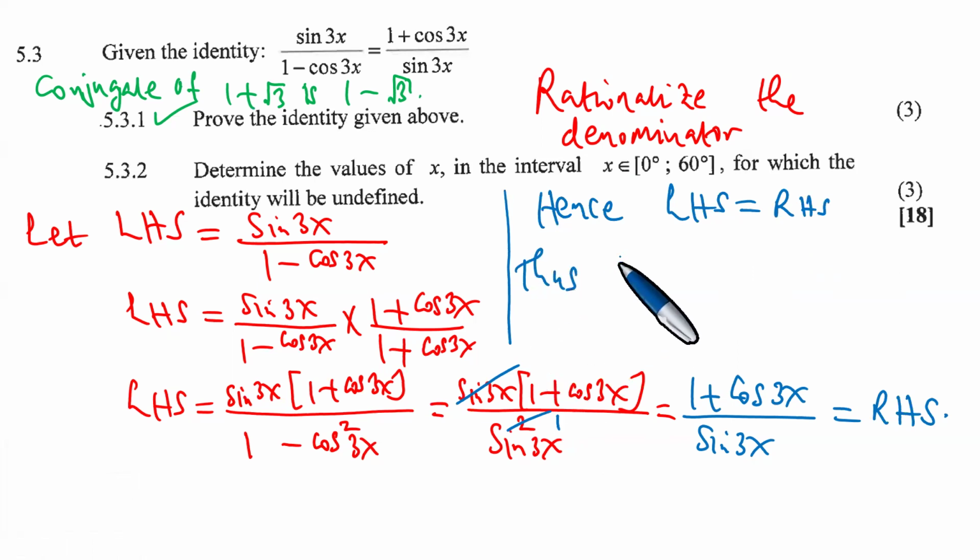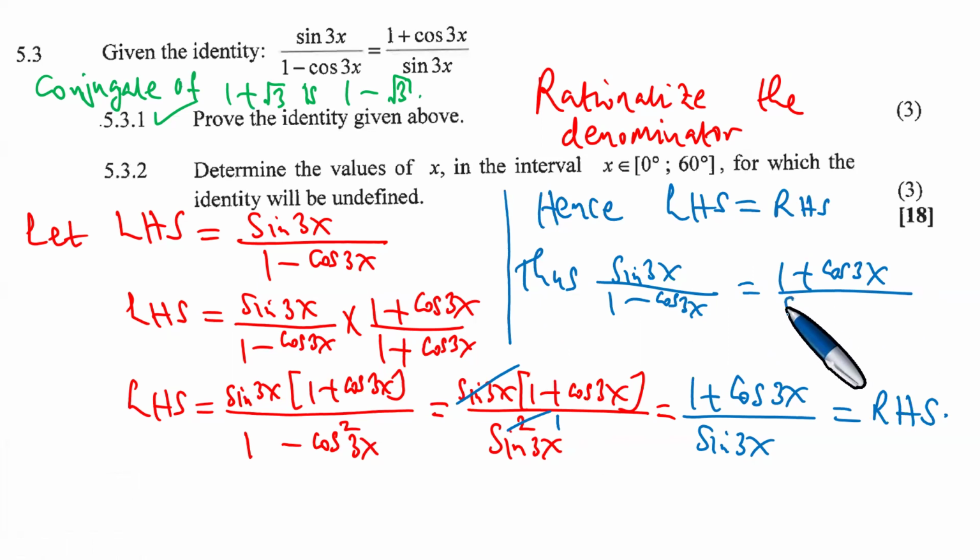Thus sine 3x divided by 1 minus cosine 3x equals 1 plus cosine 3x divided by sine 3x. Like so, and this is the answer. Any question, Chanel? Any suggestion? No suggestion. Okay, good.